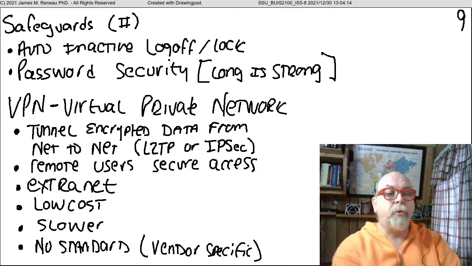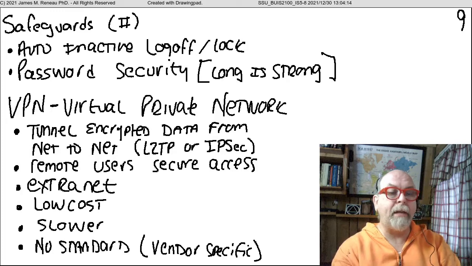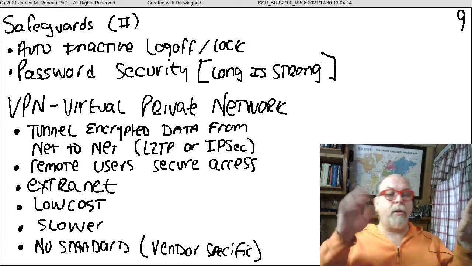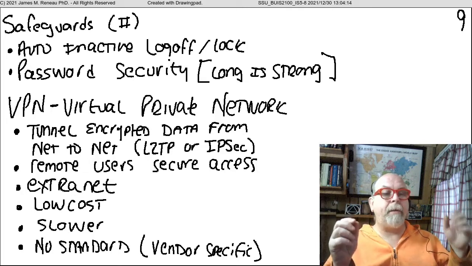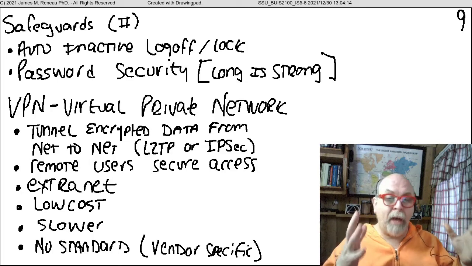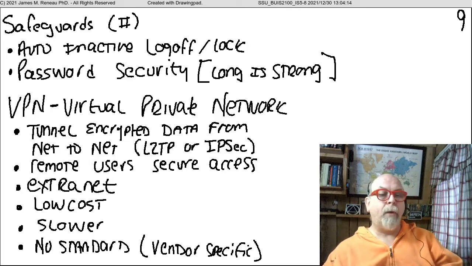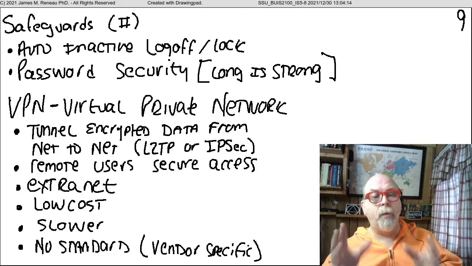So a virtual private network, or VPN, allows us to create encrypted data that's tunneled from one network to another network. The encryption techniques are typically L2TP or IPsec, which are the two most common encryption techniques. But what this allows for is remote users to have secure access to resources within our network.